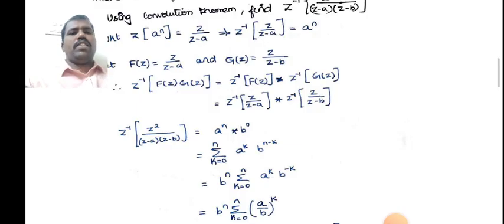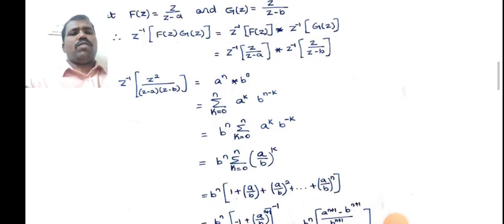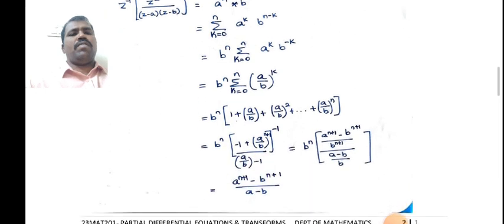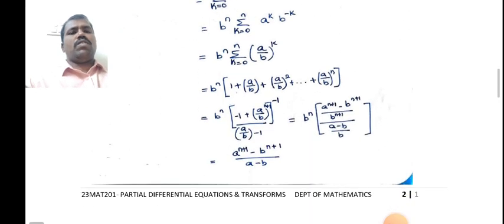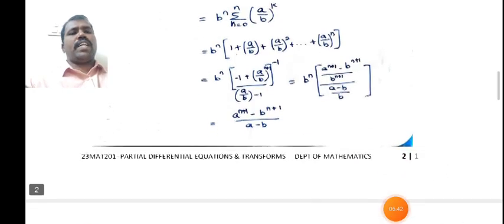Simplify this: b power n into summation k equal to 0 to n a power k into b power minus k. Therefore b power n into summation k equal to 0 to n a by b whole power k, that is b power n into 1 plus a by b plus a by b the whole square plus etc. a by b whole power n.